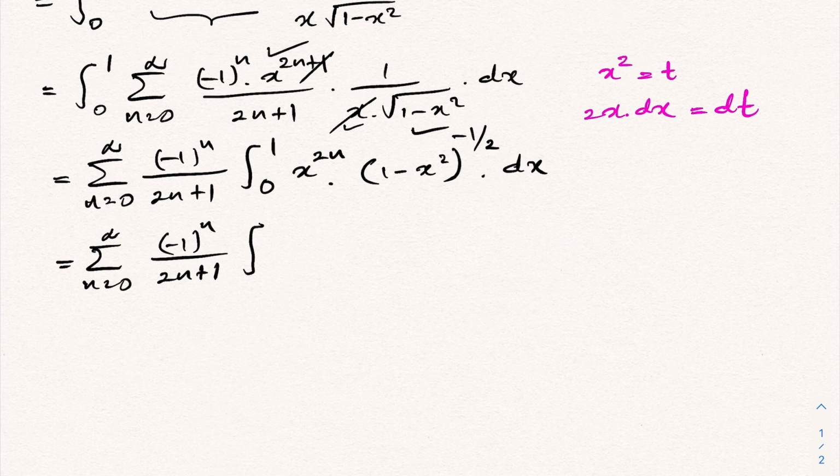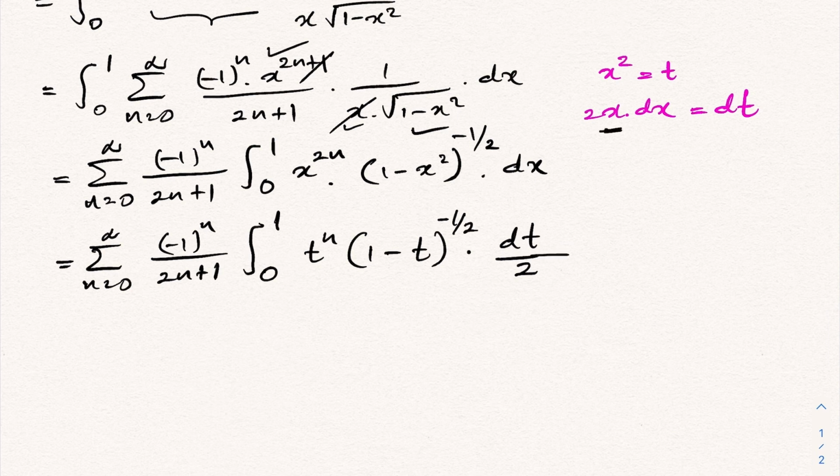Now the integral limit, we know, is also 0 to 1. x to the 2n, x square we know is t, so t to the n, times 1 minus x square, we know again, 1 minus t to the minus 1 half, times dx, we know is dt over 2. Sorry, here also we have x, so 2 times x. Now x, we can isolate: t to the 1 half. Okay, let us simplify.